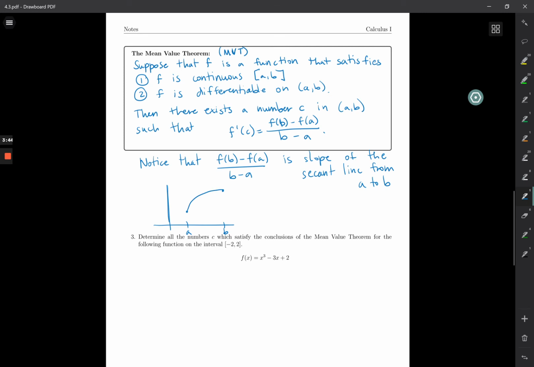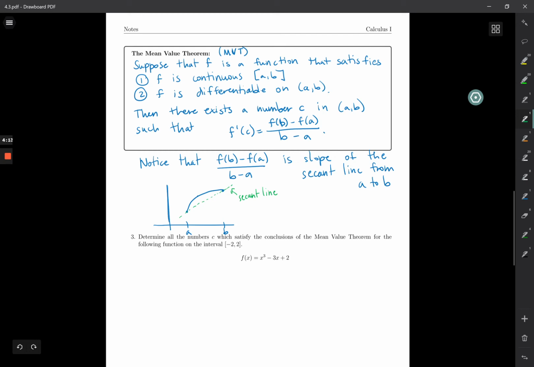Then you can see that, let me do this in a different color. If we were to draw the secant line from a to b, that would just be the straight line that connects those two points of the function. I'll try to straighten this out just a little bit. Right. So this here is the secant line.